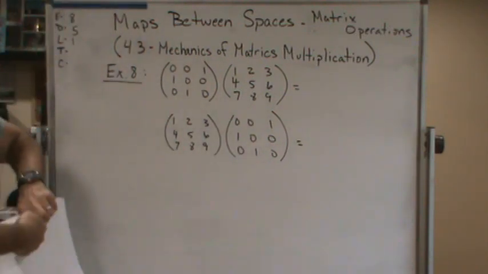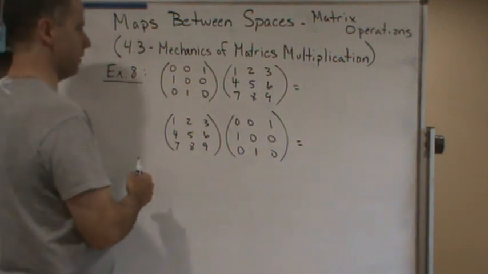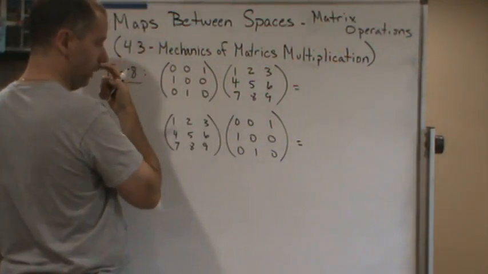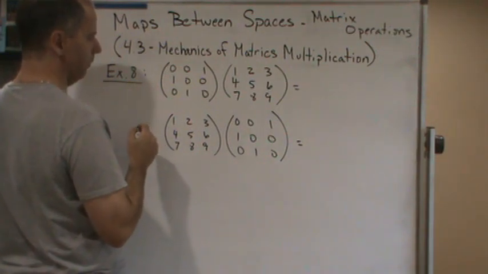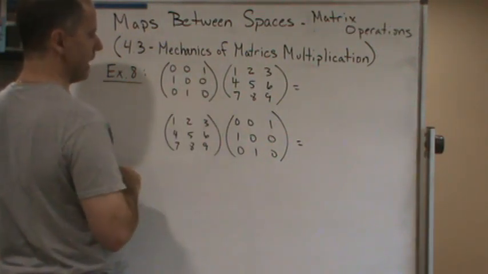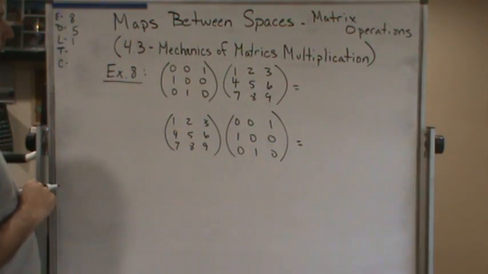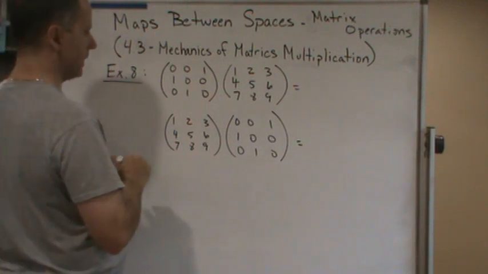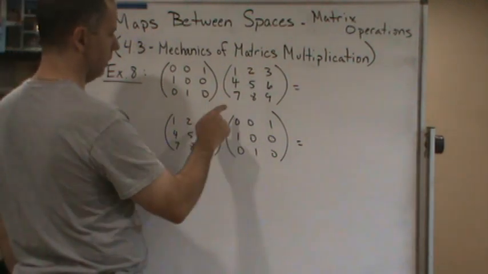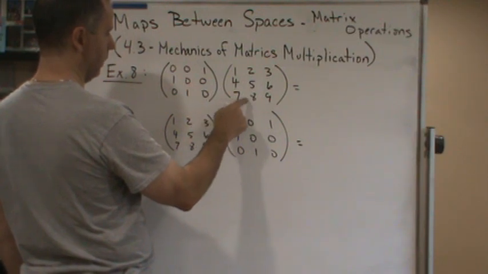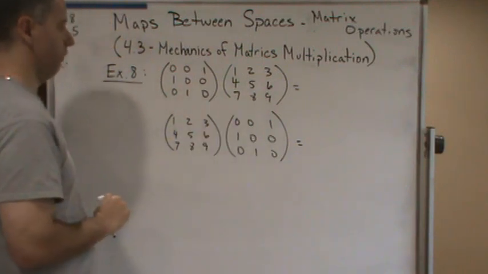Now remember, if we look at this, what is this telling us? Well, this one here, which one is that one copying? Well, if we do the first row, it's copying what? 7, 8 and 9.